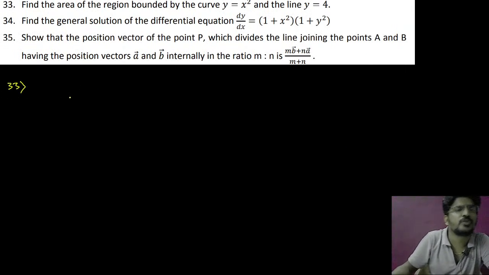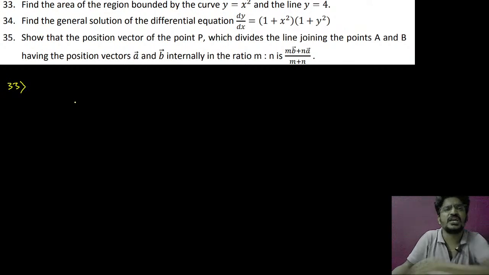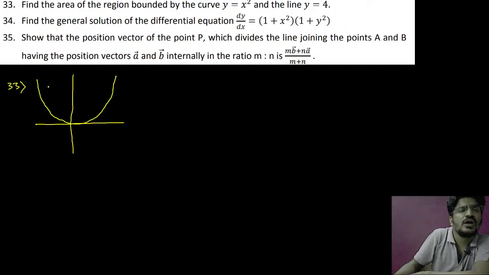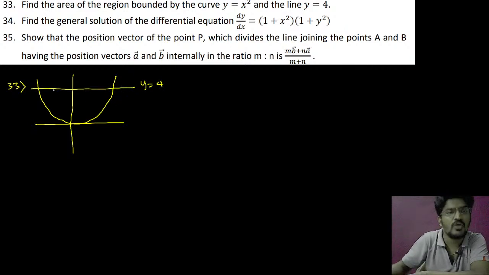Problem number 33: find the area of the region bounded by y equal to x square and y equal to 4. Now if you want to see the bounded area, this is going to be the bounded area.